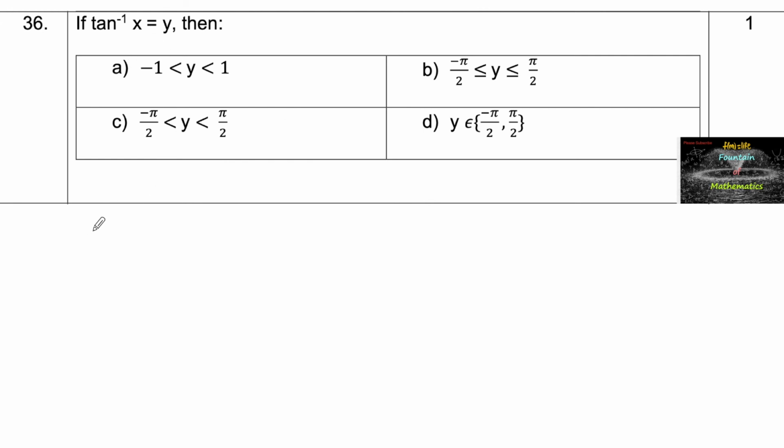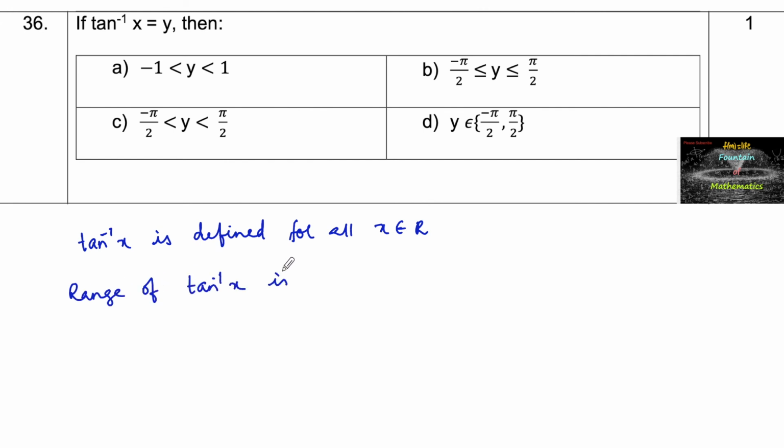Okay. If tan inverse x is equal to y, then what is the range of y? Means the range of tan inverse x. We know that the tan inverse x function is defined for all real values, and the range of tan inverse x is minus pi by 2 to plus pi by 2, which is the principal value branch. The principal value branch we consider for tan inverse x is minus pi by 2 to plus pi by 2.